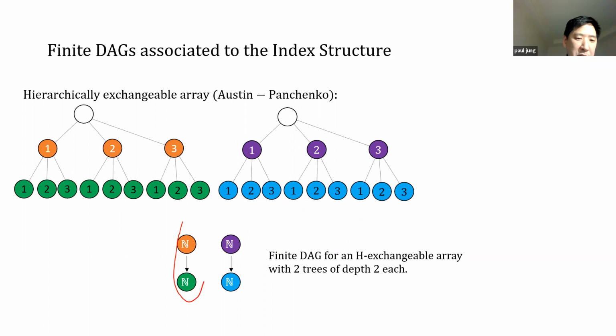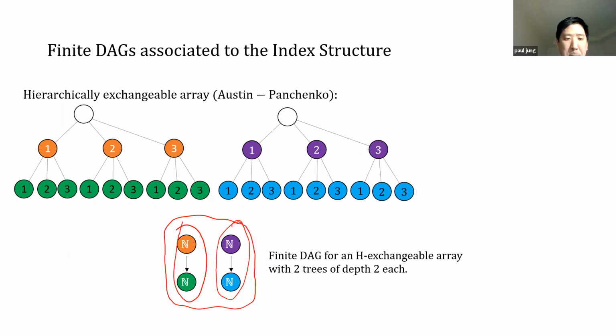Whenever we take the direct product with another object, we simply take a separate graph and put it alongside it. So the finite DAG associated to the direct product of these two trees would just be this simple DAG.